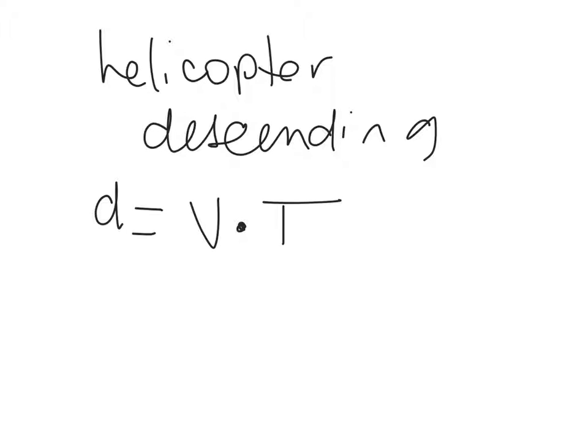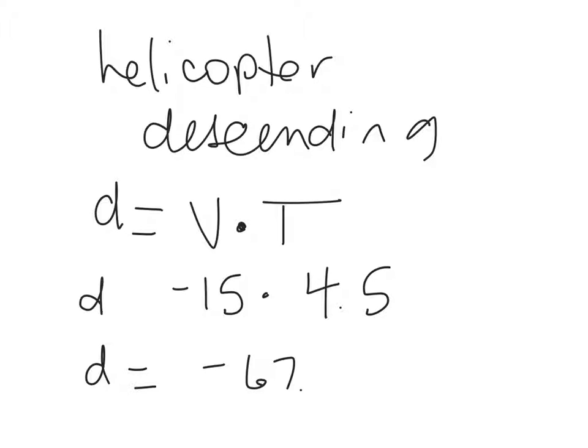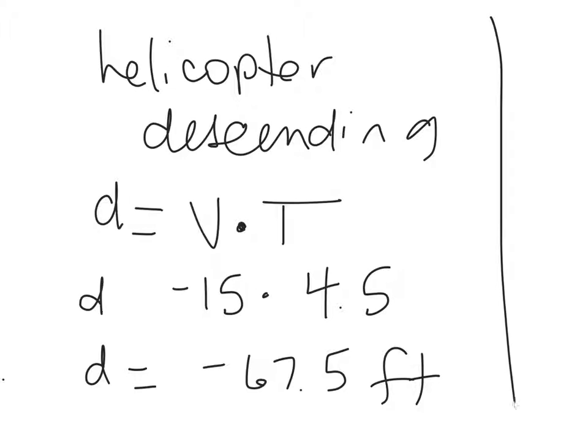And if the helicopter was descending at, let's say, negative 15 feet per second, and you wanted to know what that's going to be after 4.5 seconds, you would end up with D equals negative 67.5 feet. Again, you know that we're talking about a downward descent there because that's what we're trying to figure out. So it's a negative number right there.